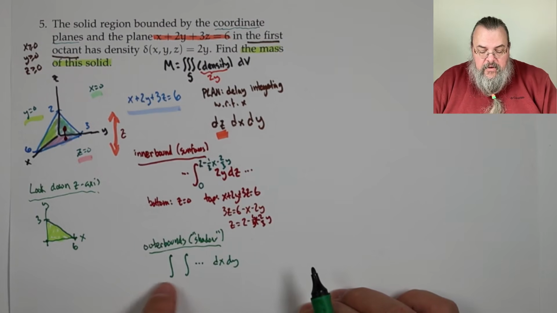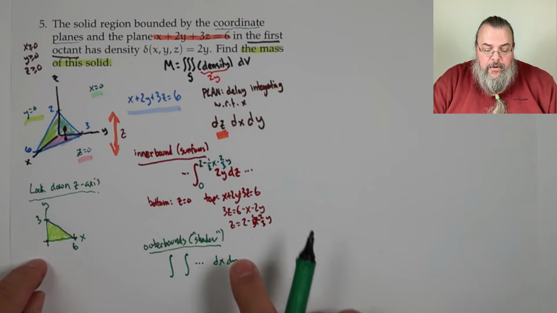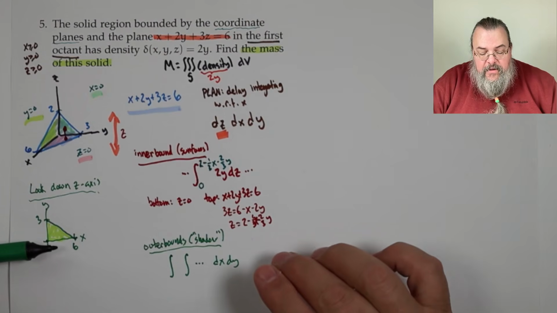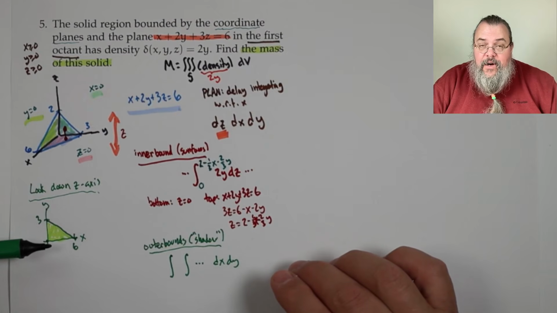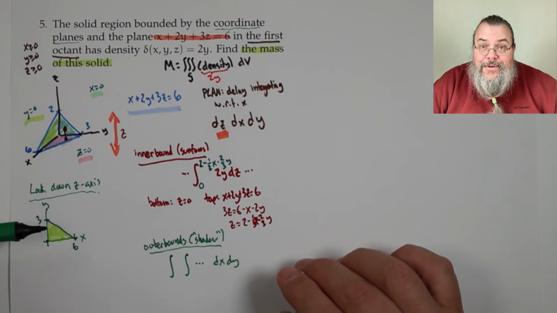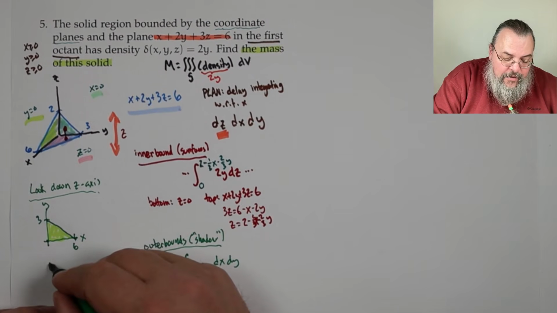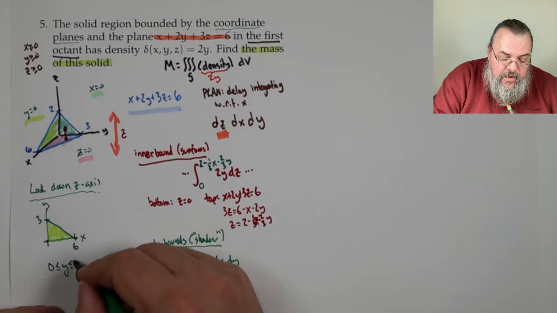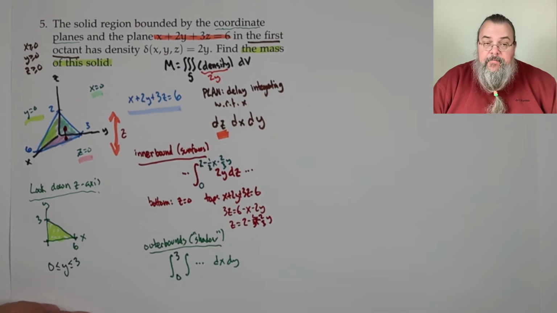Let's start with the outermost. Where does y go from, the lowest value of y to the highest value of y? The lowest value is 0, the highest value is 3. So y goes from 0 to 3.